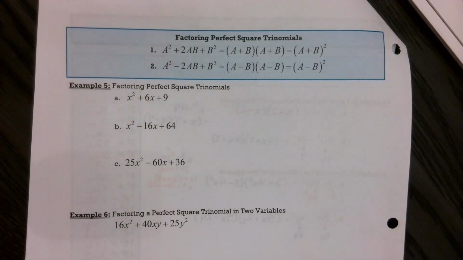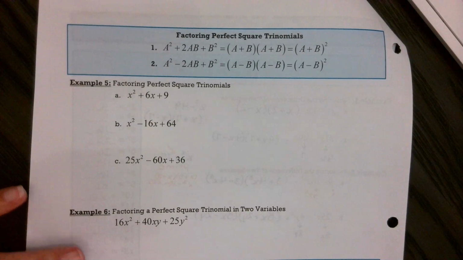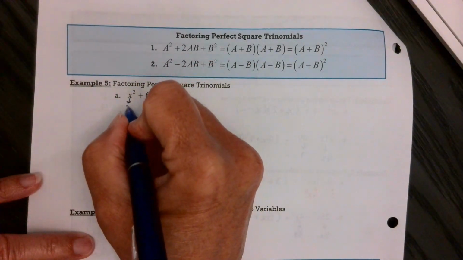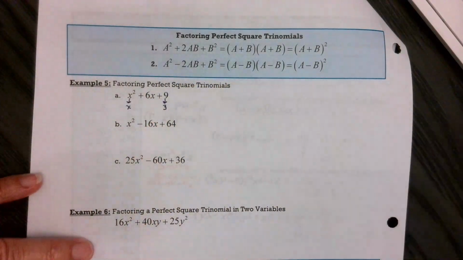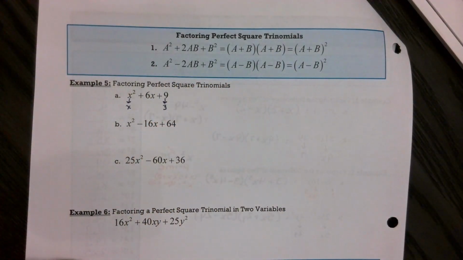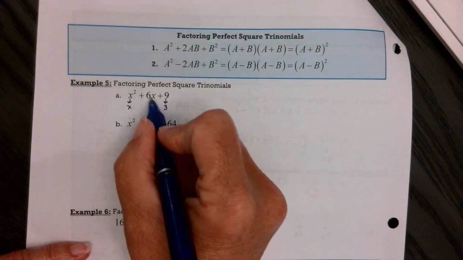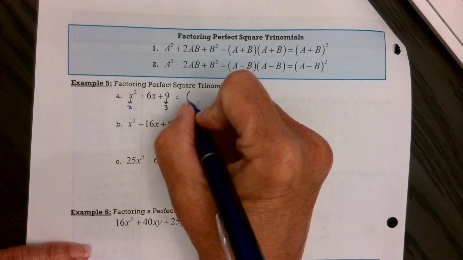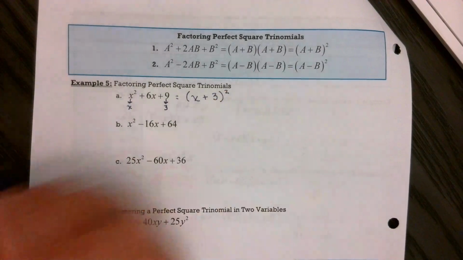I don't do AC method on these because leading coefficient's 1, but I look at it and go perfect square of x, perfect square of 3 gives us 9. When I multiply these two together, multiply it times 2, I get that. So I know this factors as x plus 3 squared.